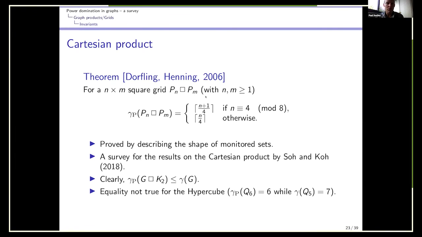Then you can dominate the graph with about n over 4 vertices. Somehow with n over 4 vertices, you manage to dominate 2 lines, and then you propagate through everything. They proved it by describing the shape of the monitored set. The monitored set becomes some union of pyramids on the graph, so you have some diagonals involved, and it's not so easy.